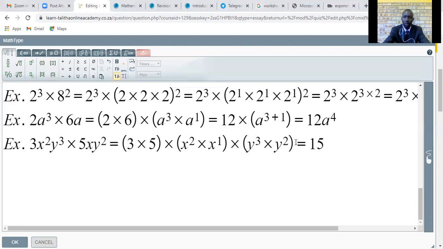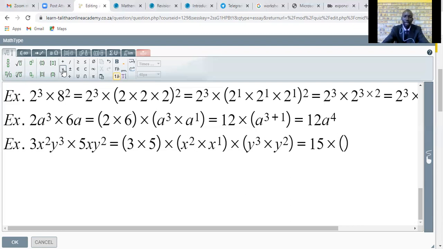Then we multiply this with the X's. We can put the multiplication sign there, or we can even ignore it and just put a bracket. But just for the sake of keeping it there, let's have the multiplication.